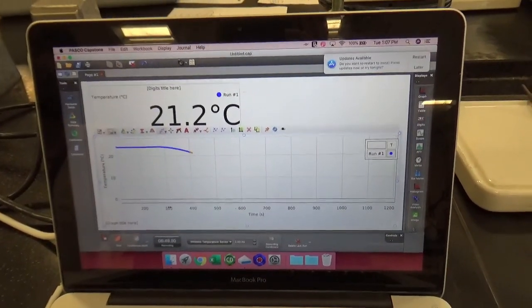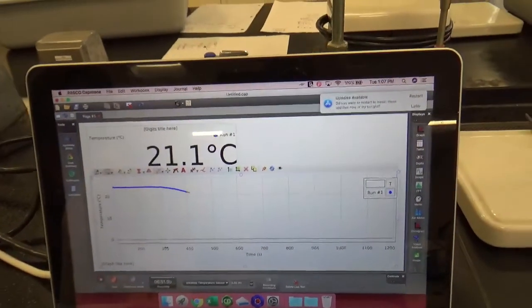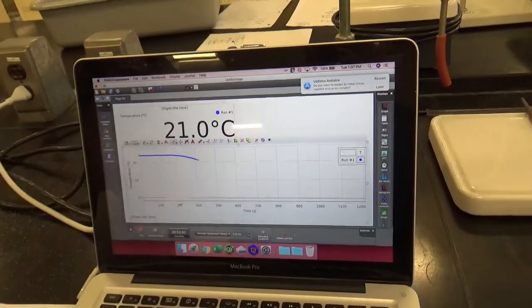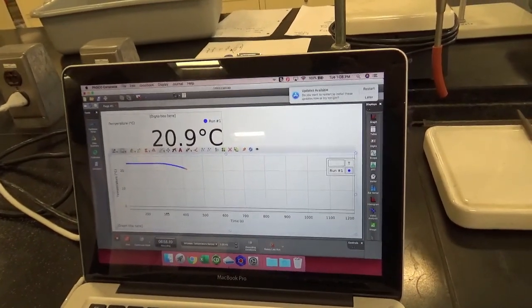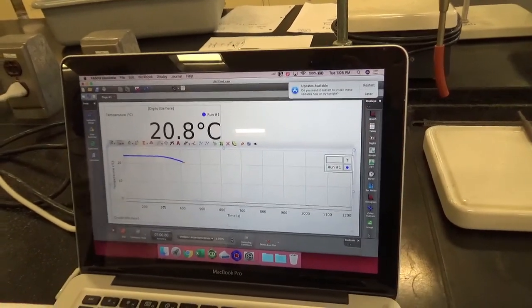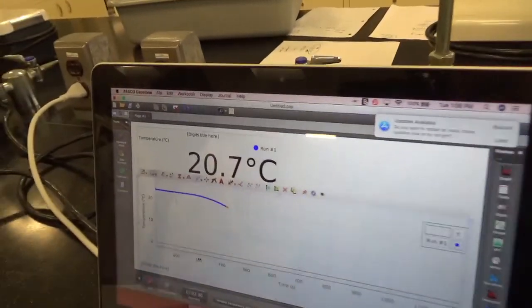So the nice thing about this whole setup is that we have a real nice picture of what's going on, as well as the data about each particular temperature. And it's very satisfying to see that go on. So let's see what happens.